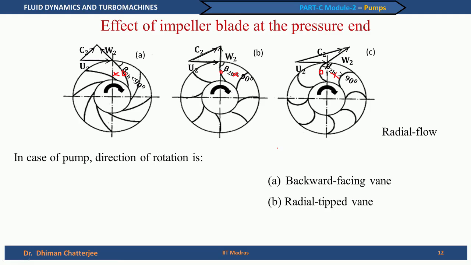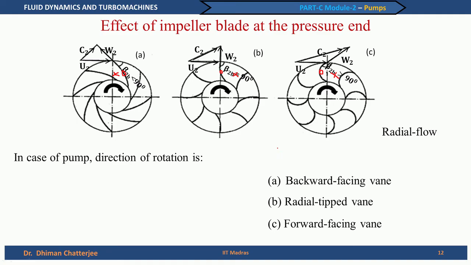Broadly speaking, I should have classified it as backward facing vane and forward facing vane, but though a radial tipped vane is essentially a forward facing vane, we call it a radial tipped vane to make us aware that beta 2b is 90 degrees.